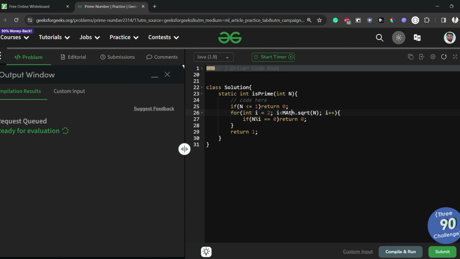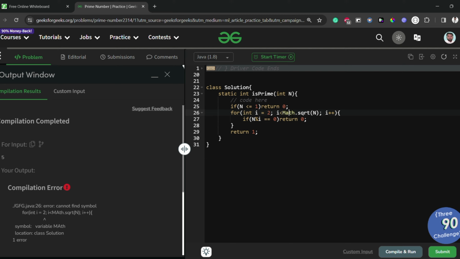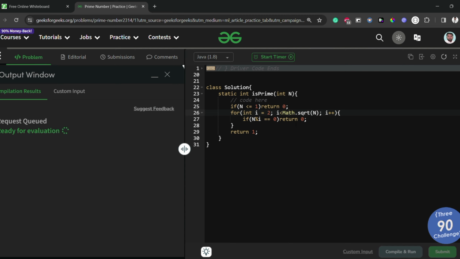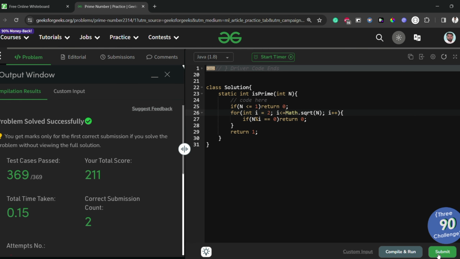Okay, Math with a small a, yeah, it's fine. You can make it less than or equal also. We are going to submit this code. Yeah, it is showing me the successful output.